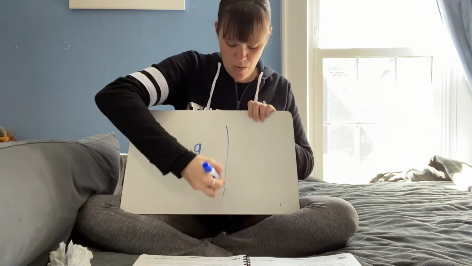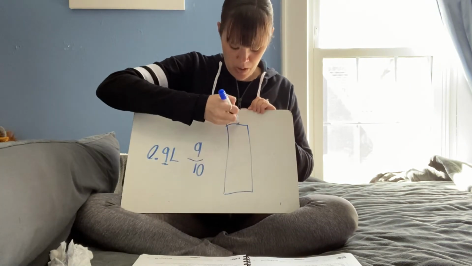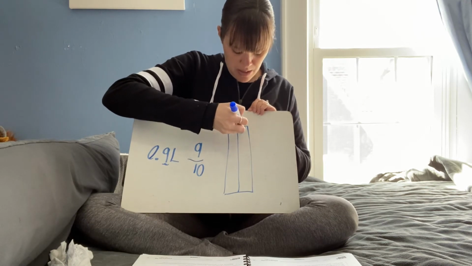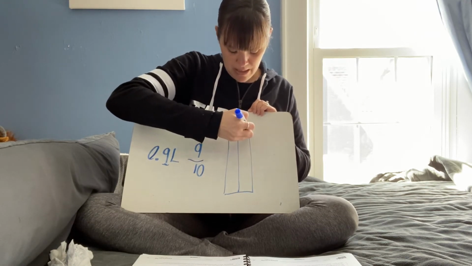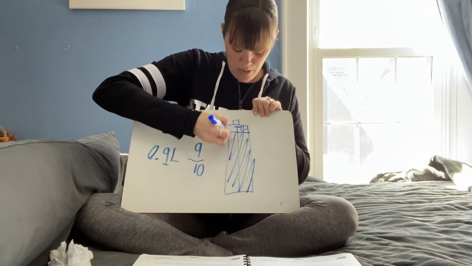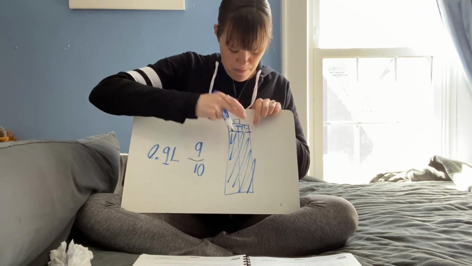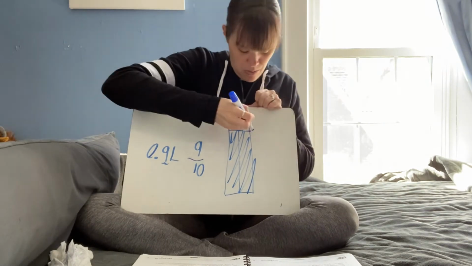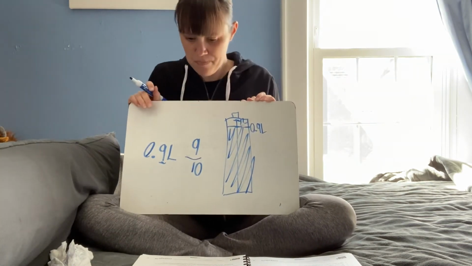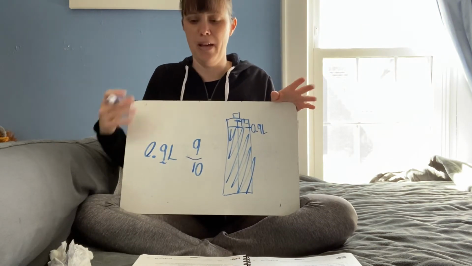And remember we're working backwards here. This one says 1 liter, well, 9/10 has to be the one right below it. So you can shade in that whole thing up to the 9/10. So this is your 0.9 liters. See, that wasn't that bad.